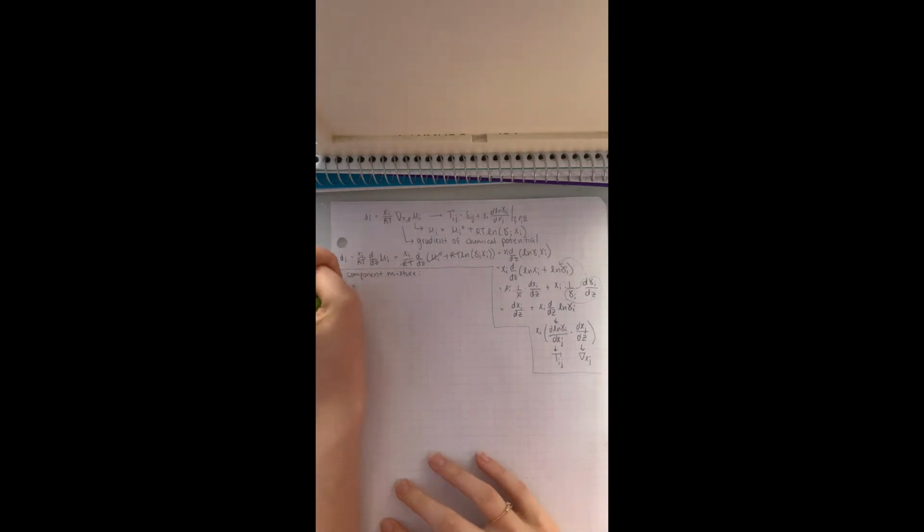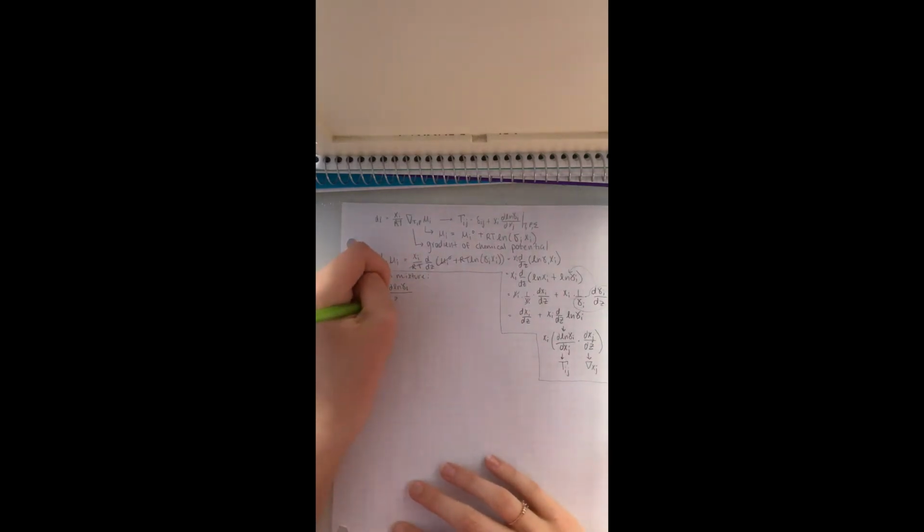So first, we have the change in component 1 with respect to position plus x1 times the change in the activity coefficient of component 1 with respect to dx1, oh my goodness, times the change in the mole fraction of component 1 with respect to position.